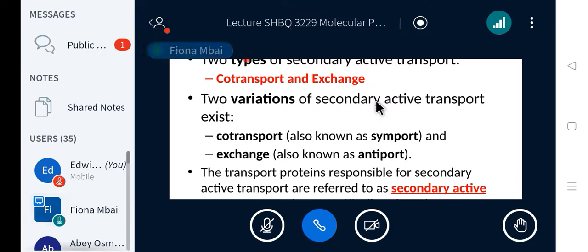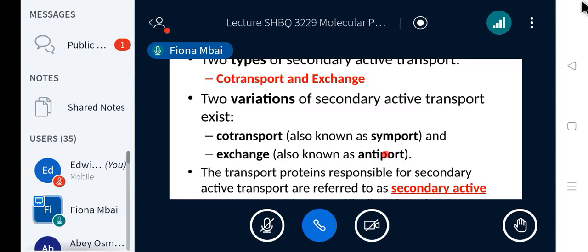So, there are two types of secondary active transport. One is co-transport, where molecules are moved along together. Remember antiport, symport, and uniport, and exchange. There are also two variations of secondary active transport: co-transport, which we now know as symport, and exchange, which we also know as antiport.